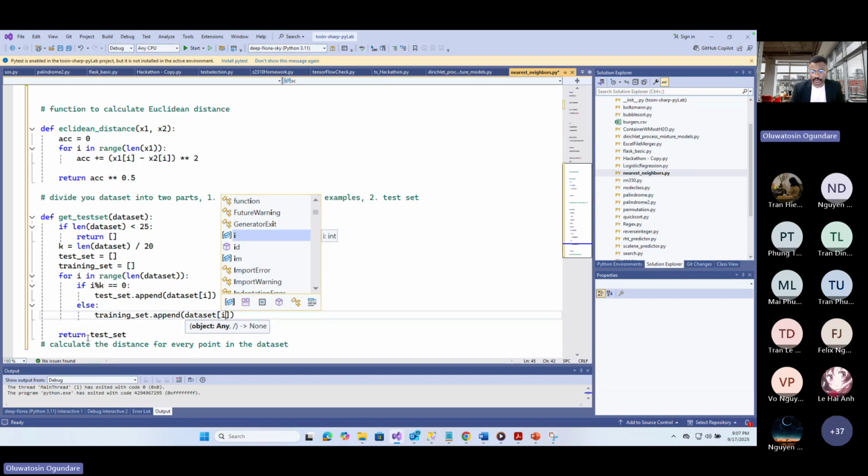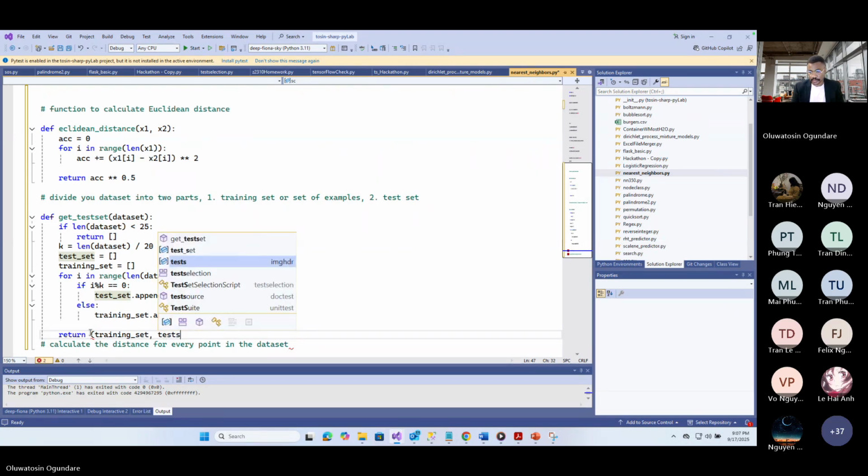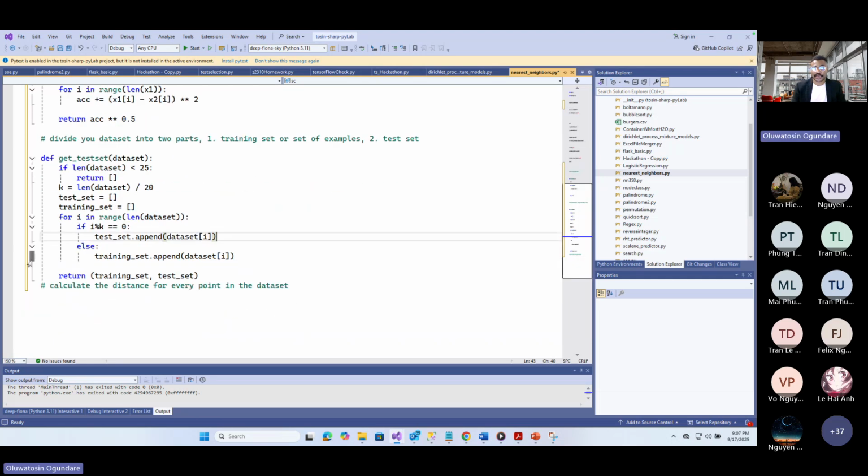Then you can return a tuple of your training set and test set, so you can change this to get training set underscore test set.